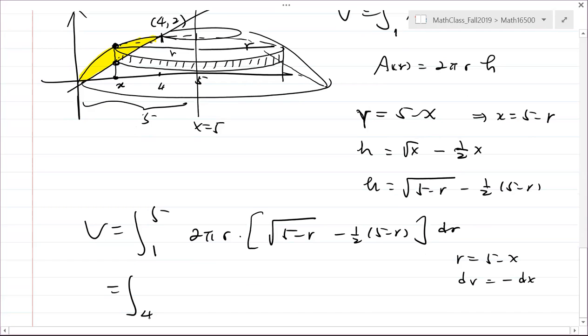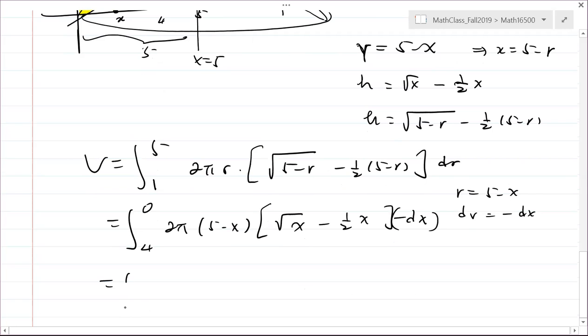When r is 5, x is 0. 2 pi, r is going to be 5 minus x. 5 minus r is just x, right? And then half of x. And then this is the negative. So you can also express it in this form.